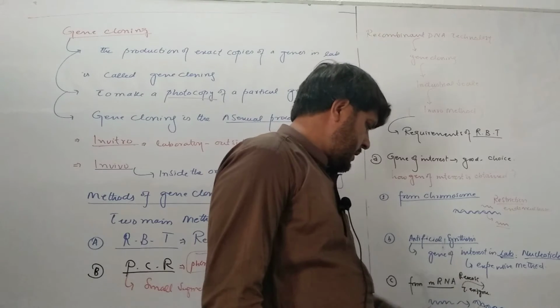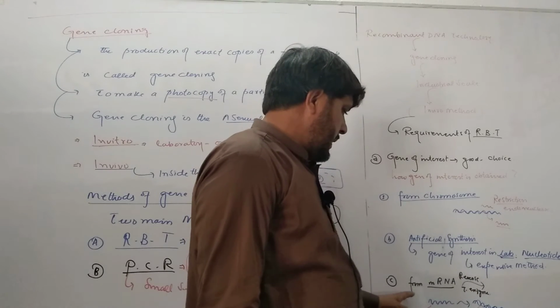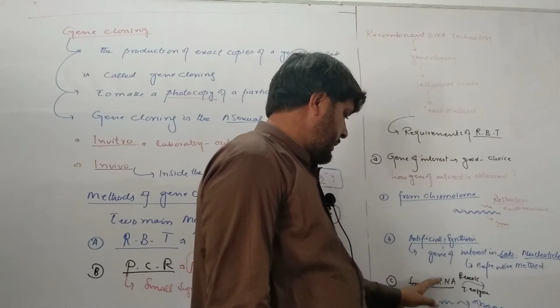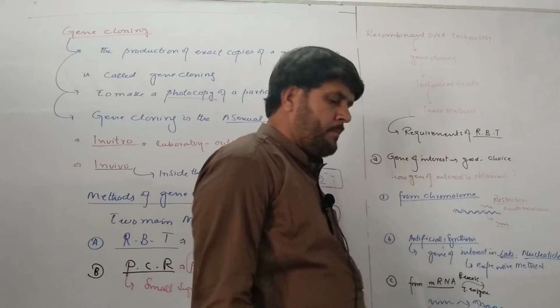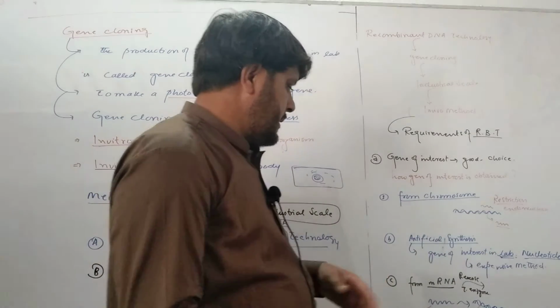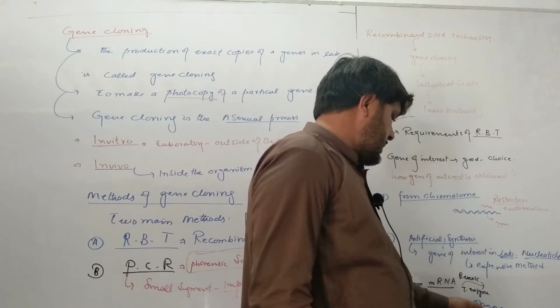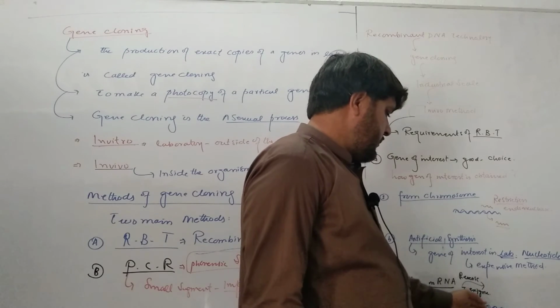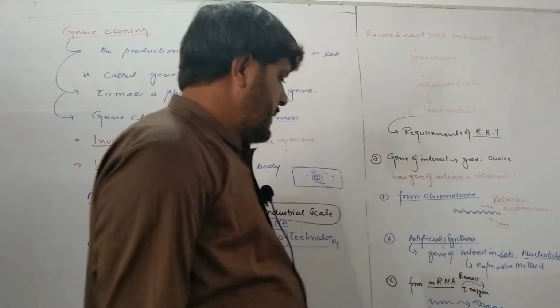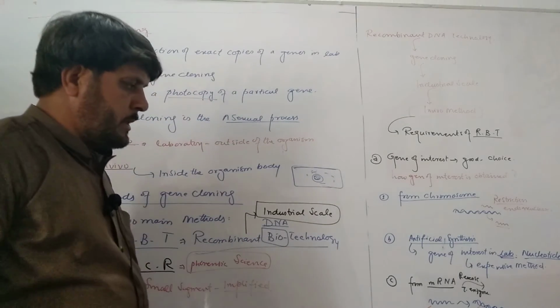From messenger RNA, when we apply reverse transcriptase enzyme, these enzymes have the ability to make a copy of DNA which is called cDNA. This DNA is further analyzed and we can obtain the gene of interest.